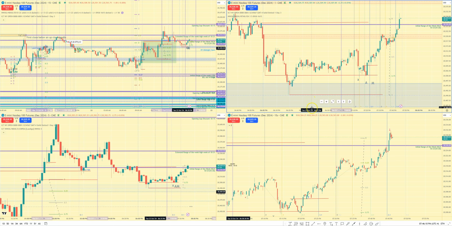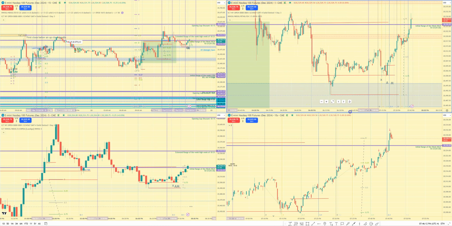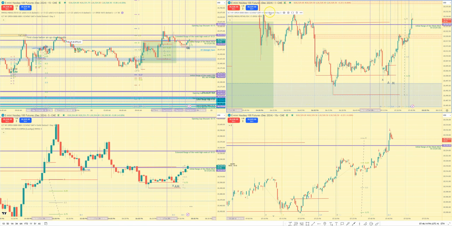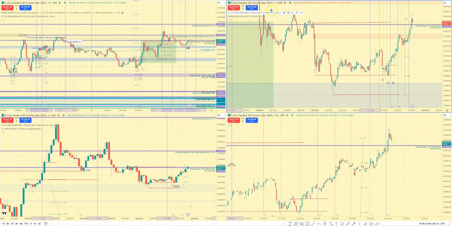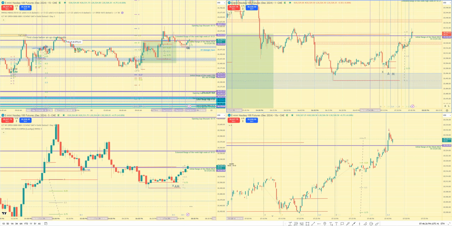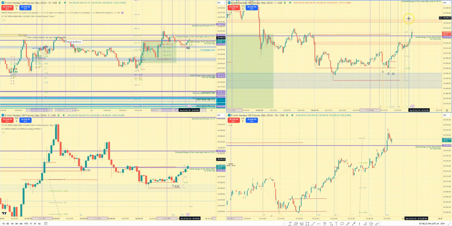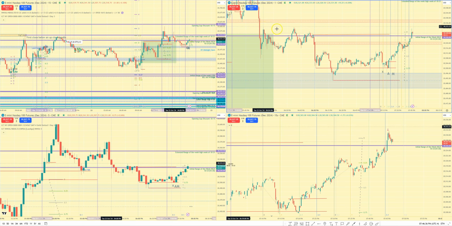But these here are the equal highs that it's going to come to as well. Then we also have all of this here. So this should be a magnet too, and right above it is this stuff here.